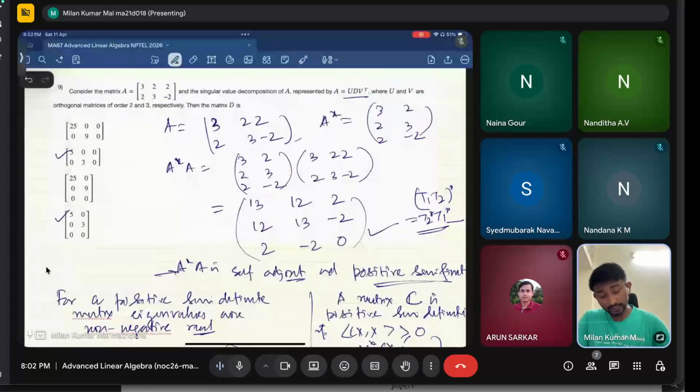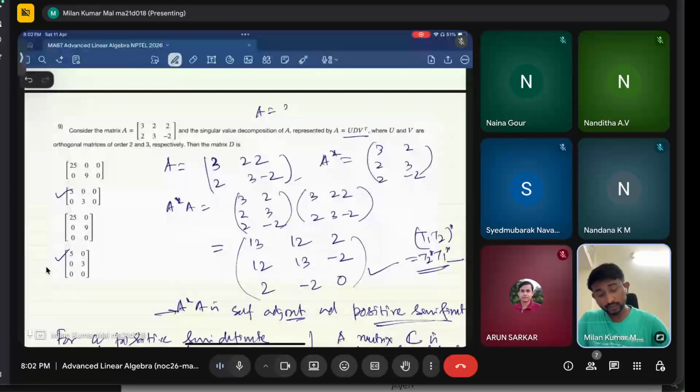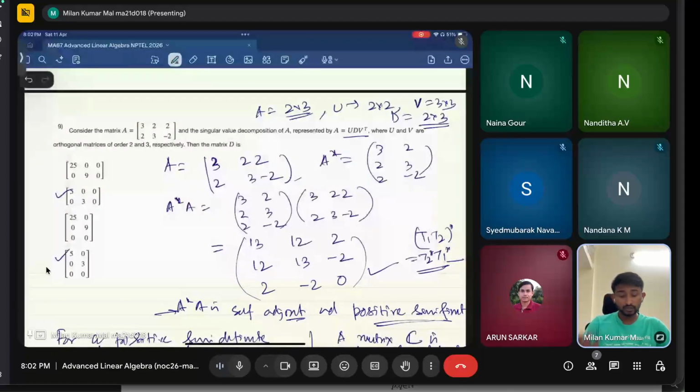So here A is a 2 by 3 matrix. So U has to be a 2 by 2 matrix, and V has to be a 3 by 3 matrix. So D has to be a 2 by 3 matrix. So this is the option, and the other two are automatically incorrect.